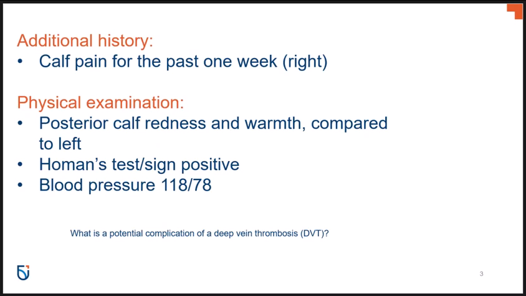This physical examination procedure can be used to potentially detect a deep vein thrombosis. A positive Homan sign in the presence of other clinical signs and symptoms is a quick indicator of a DVT.